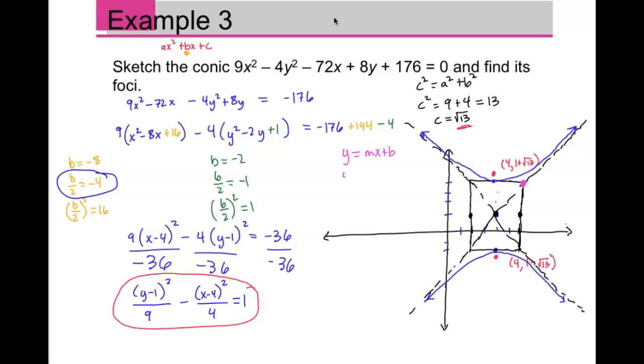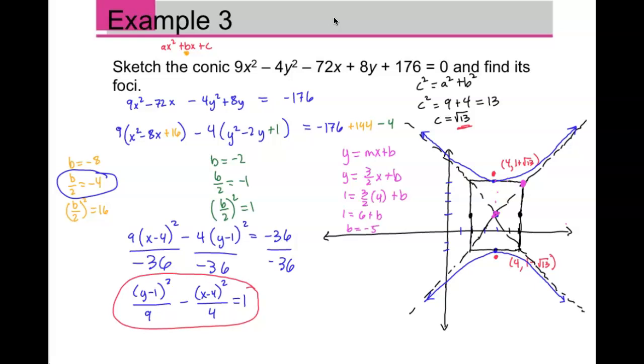All right, so y equals 3 halves x plus b. To solve for b, you just need to plug in any other point that that asymptote goes through. Well, we know it goes through the center, and we know that the center is at 4, 1, right? So I'll just plug in 4 for x and 1 for y. So 1 equals 3 halves times 4 plus b. 1 equals 6 plus b. b equals negative 5.